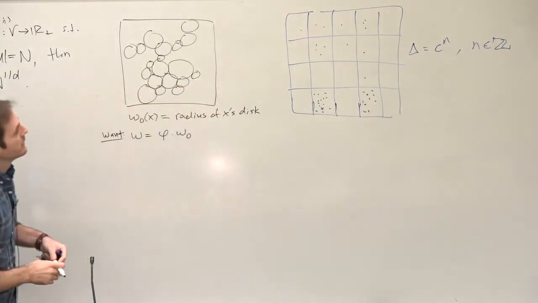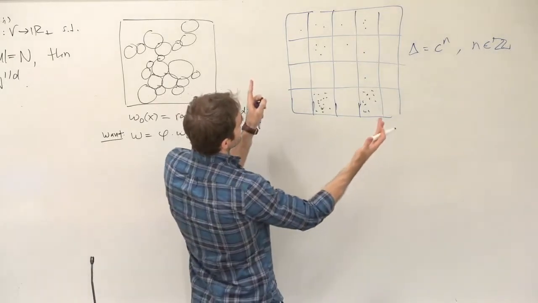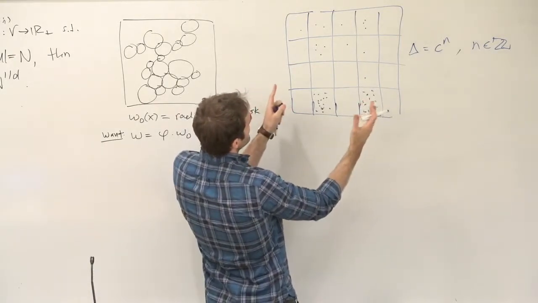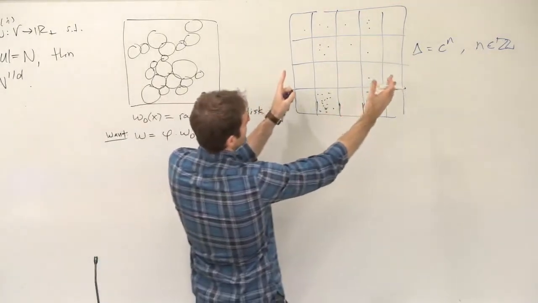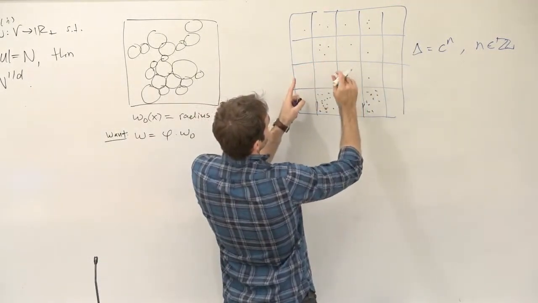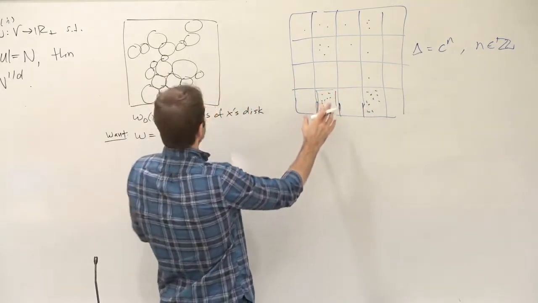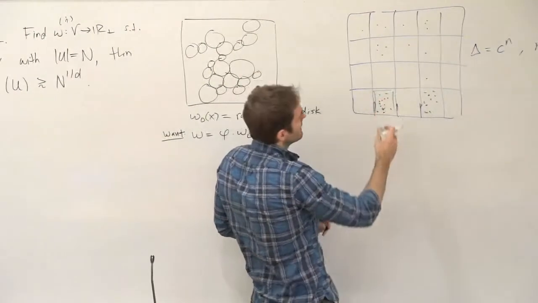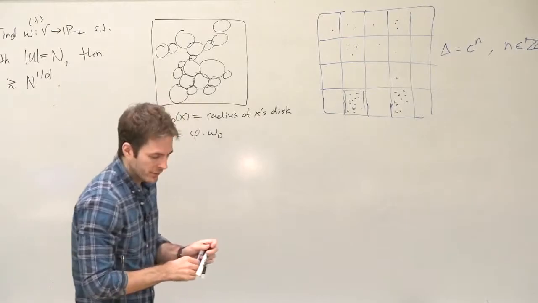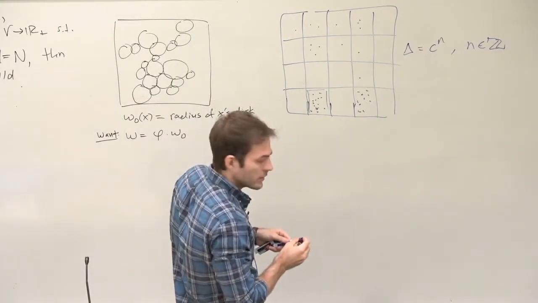Now there's a decision to be made, which is how much weight do I want to give. Do I think about U as being a set that has omega 0 diameter delta, or maybe if most of the set U is in here, I actually want to get this condition by rescaling the metric inside this subsquare.